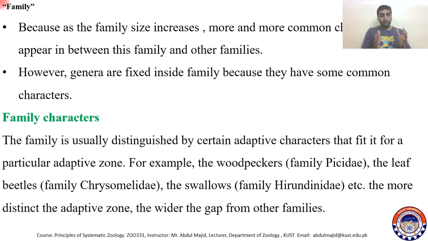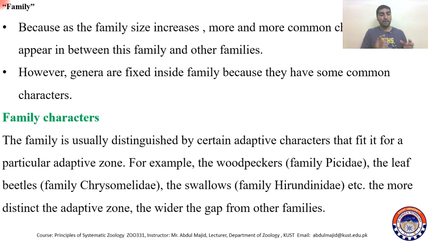If a family is adapted to a very distinct adaptive zone, which is very hard to adapt to, that family will have a wider gap from other families which are adapted to a very common ecology. Take the example of woodpeckers. Woodpeckers are very unique because other birds cannot do what woodpeckers can do.